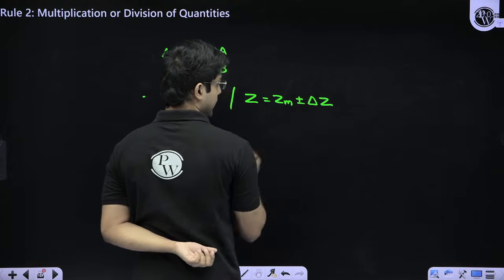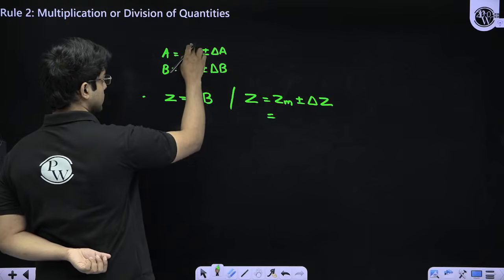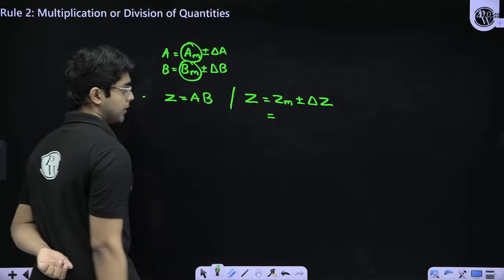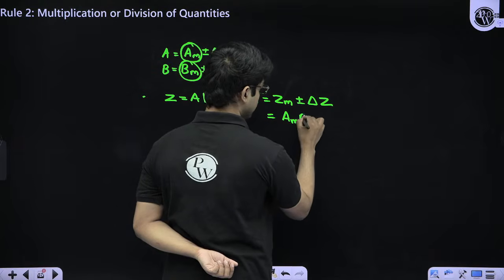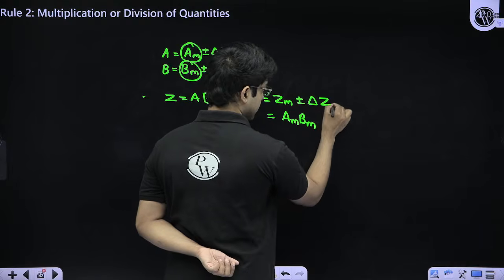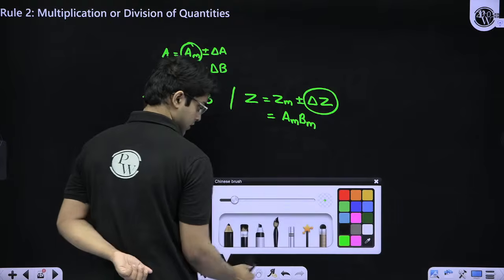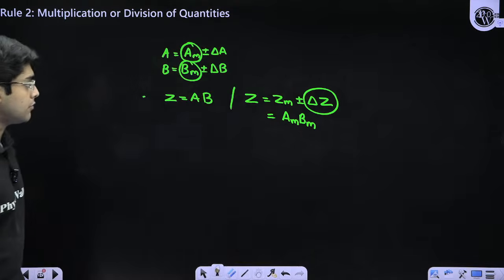Okay. Now this main measured value is easy. If you are multiplying two quantities, simply multiply the main values, AM into BM. So this main value is easy, AM BM. But this error part is slightly different.